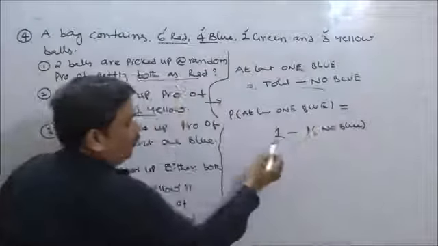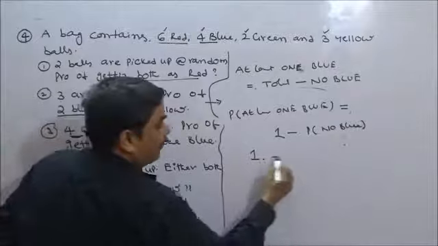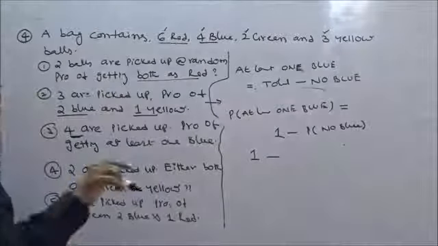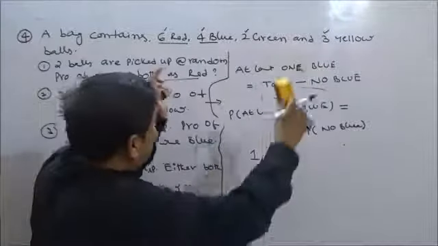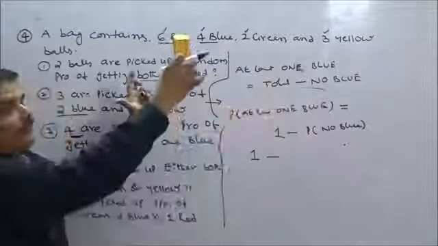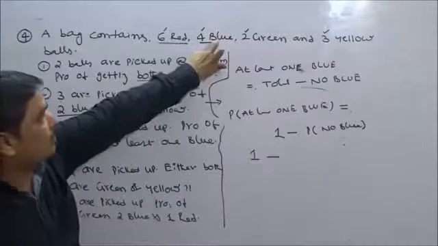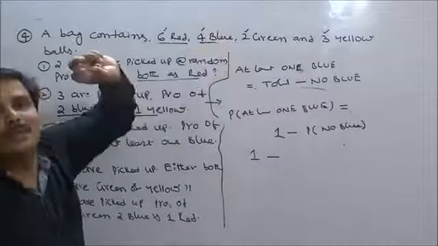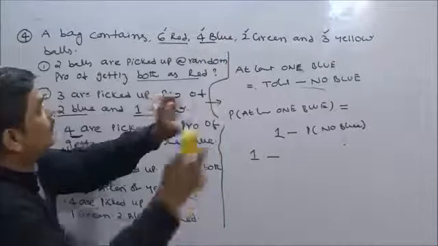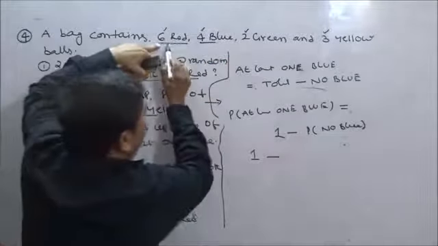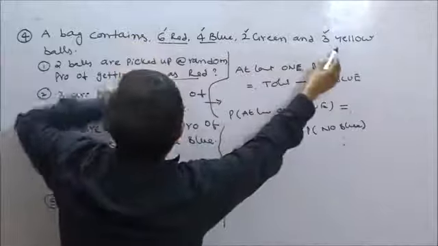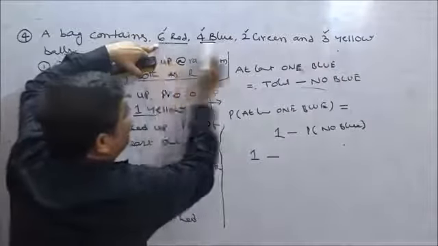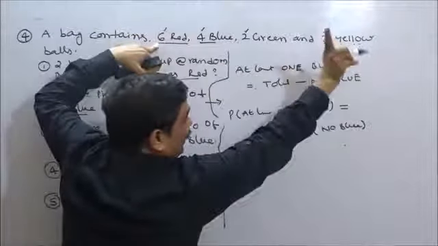Now, see this one. Probability of at least 1 blue: 1 minus no blue. What do you mean by no blue? While considering the favorable events, I should not consider these blue parts. No blue should be there. So now it should be 6 red, 2 green, 3 yellow. Now it should be 6 plus 2, 8, 10 plus 1, 11.